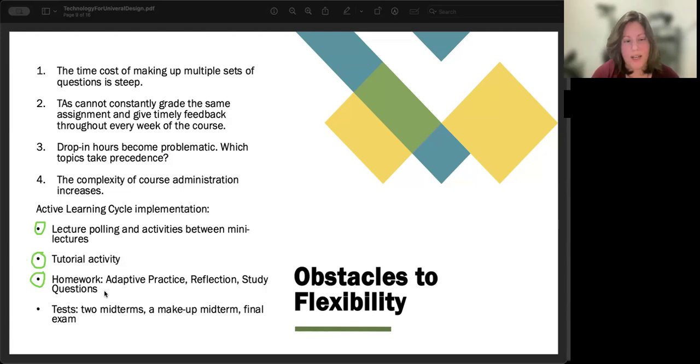And then for the homework, I was using adaptive practices. These are the kinds of online sets, like problem sets, where students can try a question, and if they're not quite sure what they're doing and they get it wrong, they're given a solution, like this is how you actually do it, and a chance to look at the textbook to see, okay, this is how these kinds of questions are actually done.